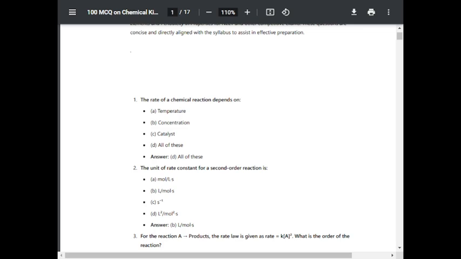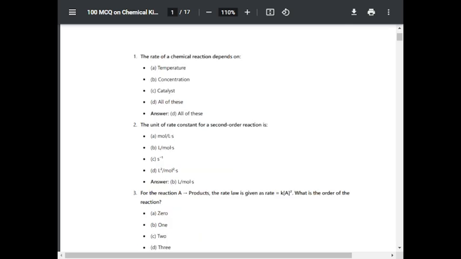Question number 2. The unit of rate constant for a second order reaction is: option A mole per liter into second, option B liter per mole into second, option C per second, option D liter square per mole square into second.